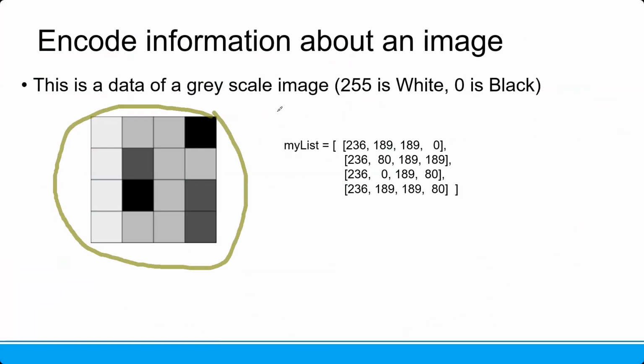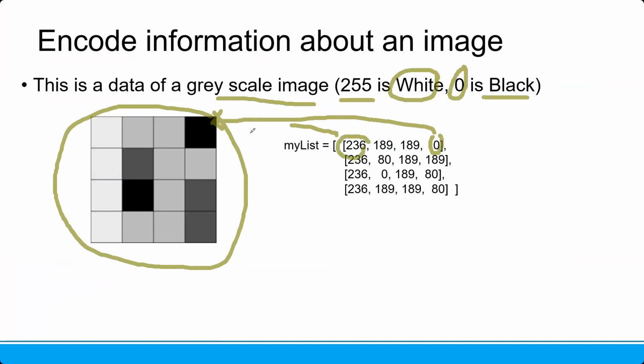This image will be a grayscale image. 255 means the color is white. 0 means the color is black. Then yeah, this is 0, black. 236, so it is closer to white. We can see here it is black, and so on.